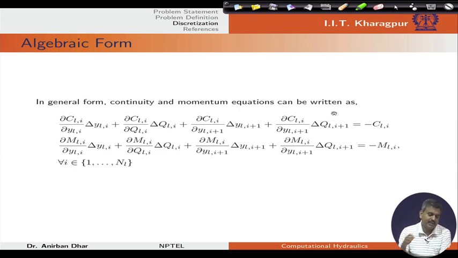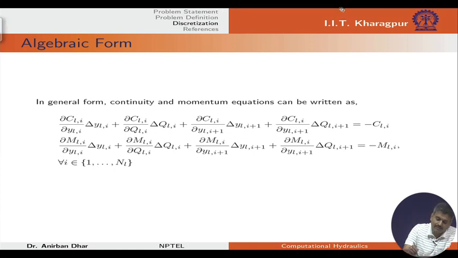Now, this is the algebraic form. We have talked about our continuity and momentum equation discretization, but we have not talked about the discretization of the individual internal junctions and our external junction boundary conditions.